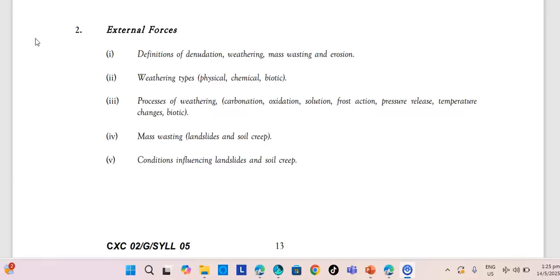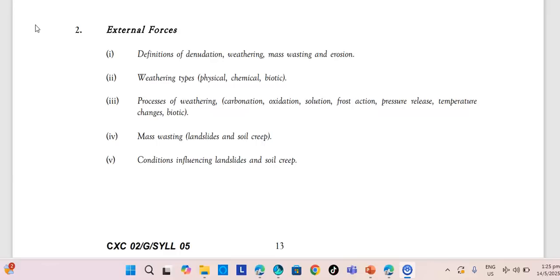Biological or biotic weathering. This happens when plants, animals, or people help break down rocks. Causes: roots of plants growing in cracks and splitting rocks, resulting in biotic or biological weathering.